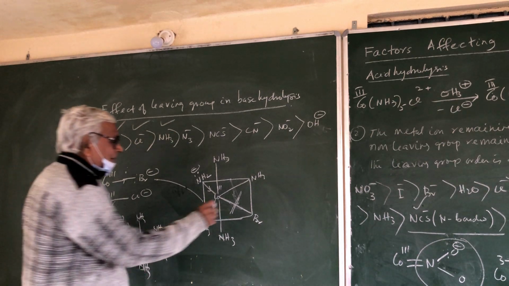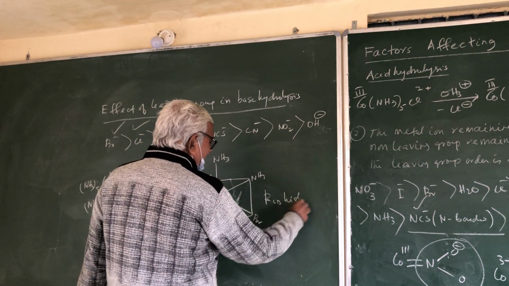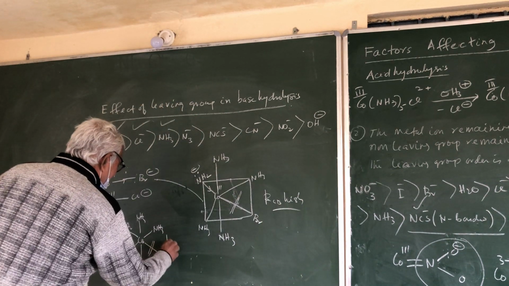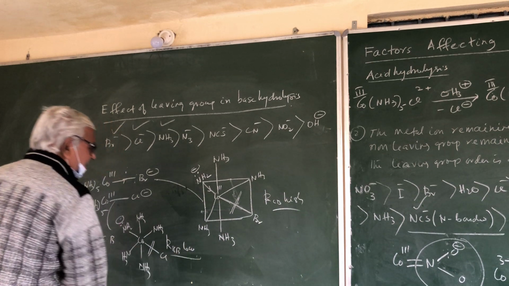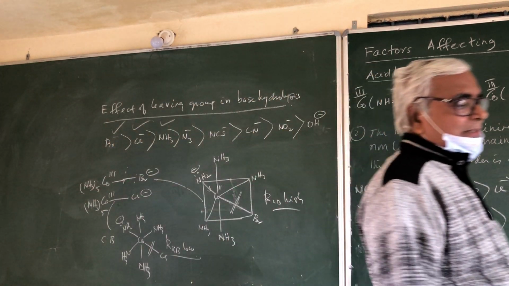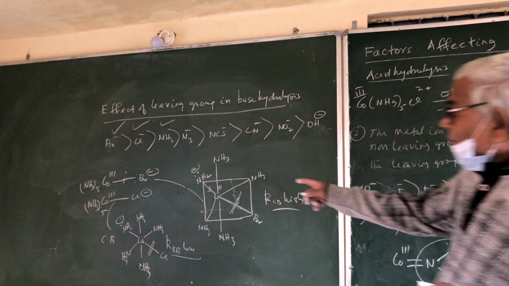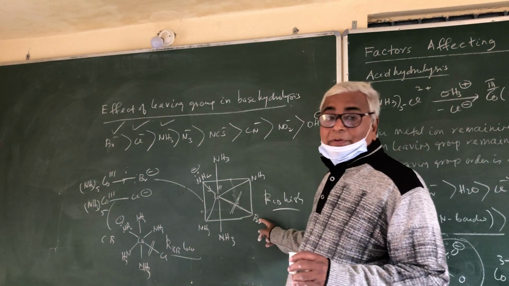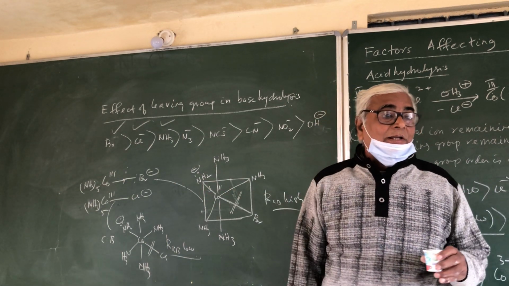So the KCB value will be high here, and the KCB value will be low here. Therefore, this complex will undergo base addition at a higher rate. That complex will undergo base addition at a lower rate. The conjugate base, the amido group, will be formed trans to the leaving group.